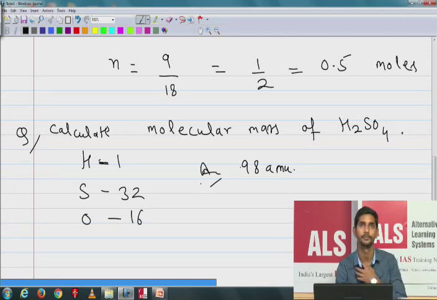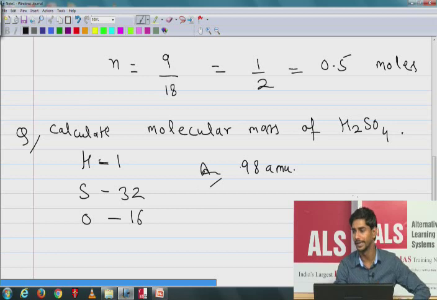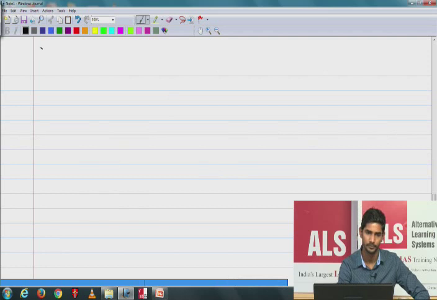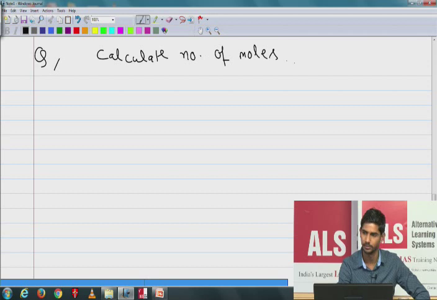Very good. So we can move on to the next question. Calculate the number of moles in 360 gram of glucose.